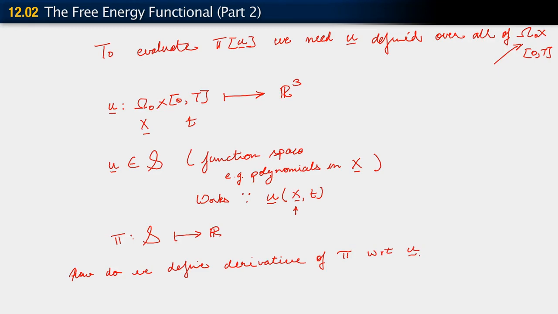Note that this is not simple, because we need to talk about what it means to take a derivative with respect to an entire function. So when we come back, we will try to understand this question a little better and try to define this idea of a derivative.